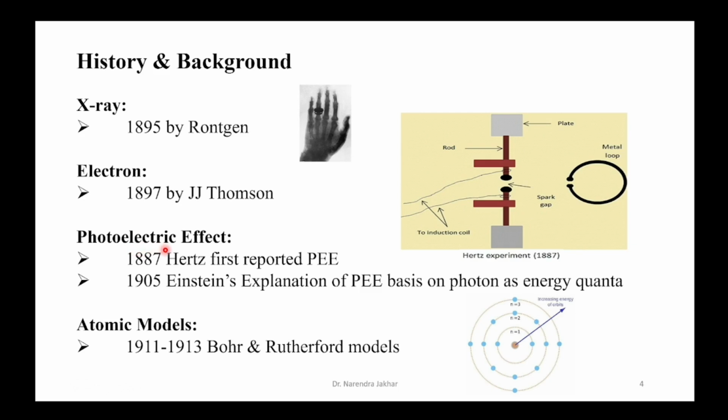So Hertz was the first scientist who reported the photoelectric effect in 1887. This is the Hertz experiment. Hertz was actually studying electromagnetic waves in space, and he used two metal balls and applied a voltage difference between them, and a spark was produced between them.